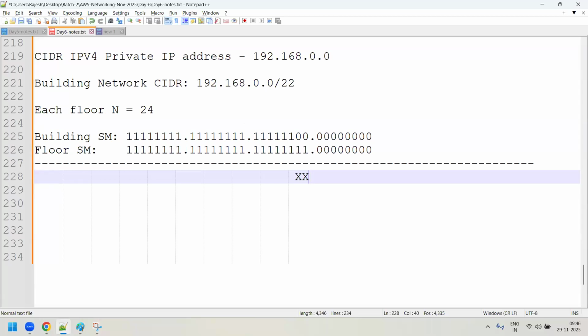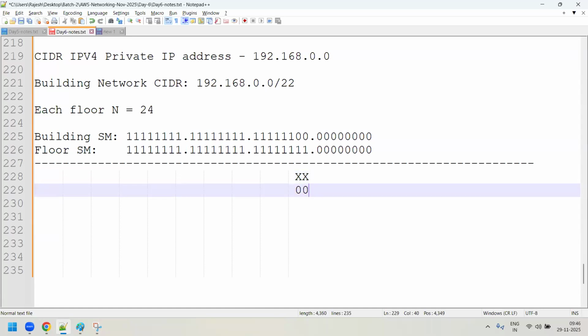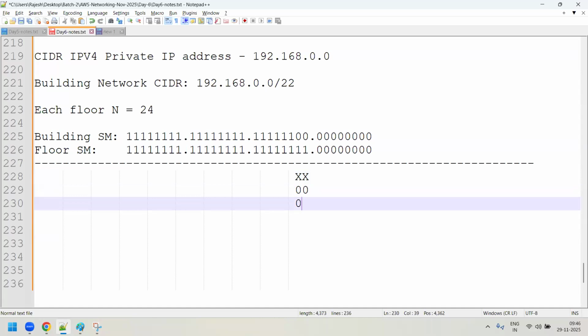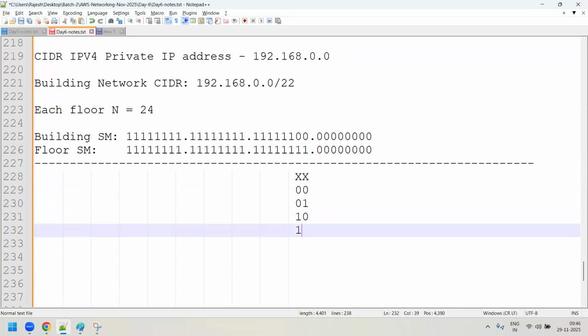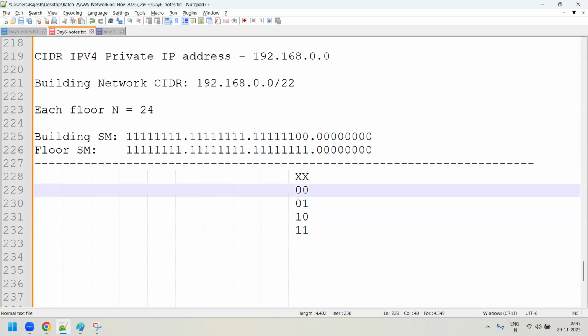It is 4. It means you will have four combinations: 00, 01, 10, 11.